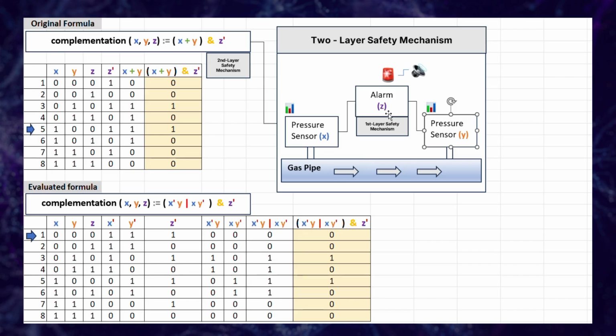Actually, what I did is I reverse engineered this. I thought of a real life scenario where we need to have a result of 1 with these combinations. So how did I arrive at that idea?